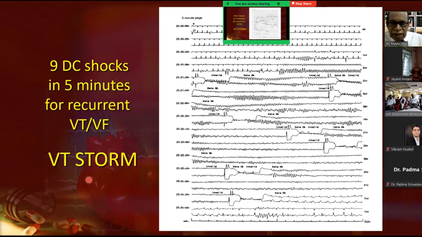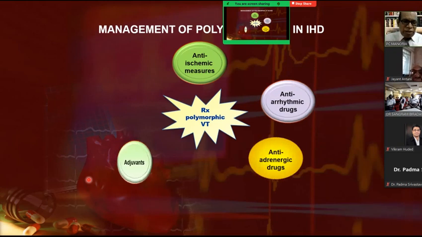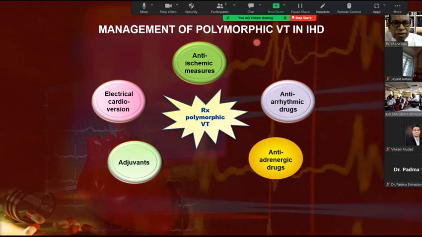And so this is a classical case of a VT storm. Angioplasty was done, and somehow the VT storm subsided. So when faced with such a situation, the first step is that you have to convert this patient by a DC shock, as was done in this patient.